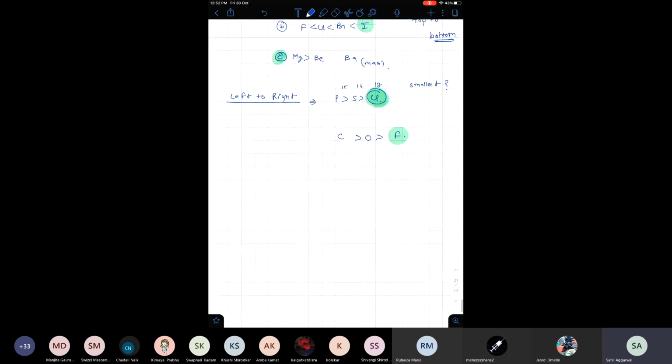Which one is smallest? Any doubt to anyone in this?